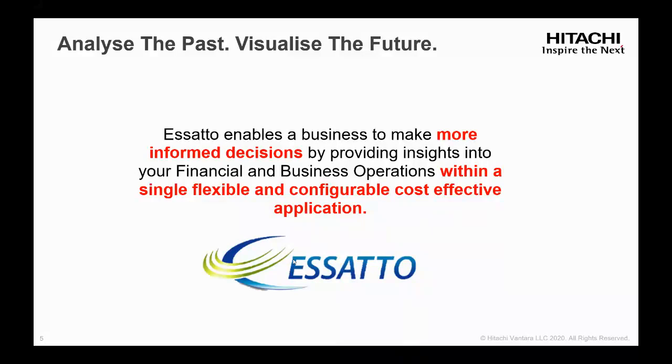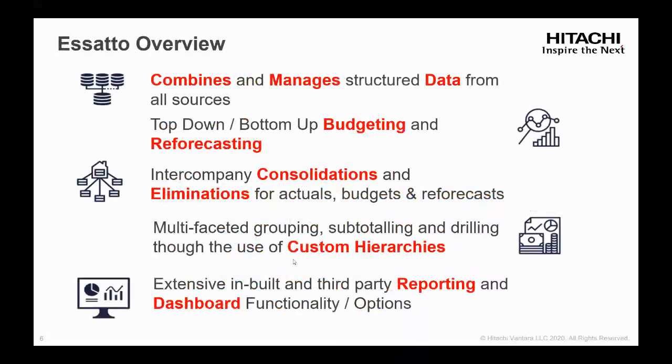In terms of an overview of the functional aspects of Essatto, it combines and manages data from all sources. It can pull in data from ERPs and from operational systems. It has a budgeting and forecasting component, which is both top down and bottom up.